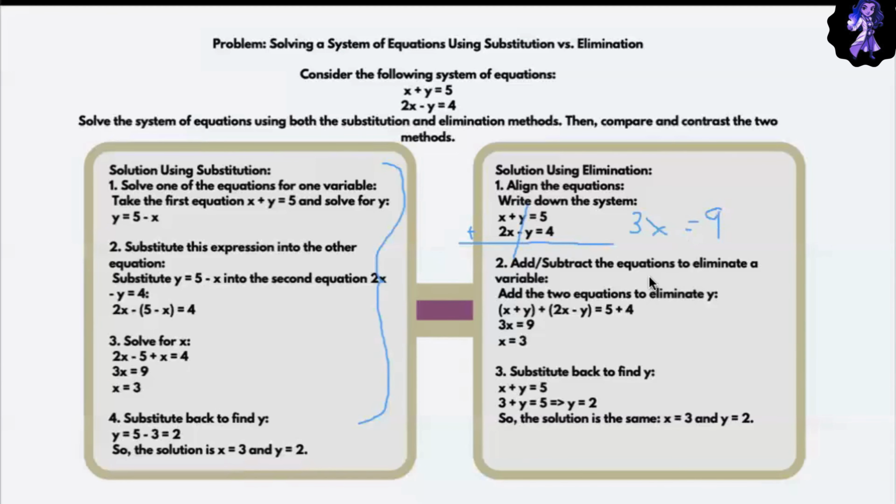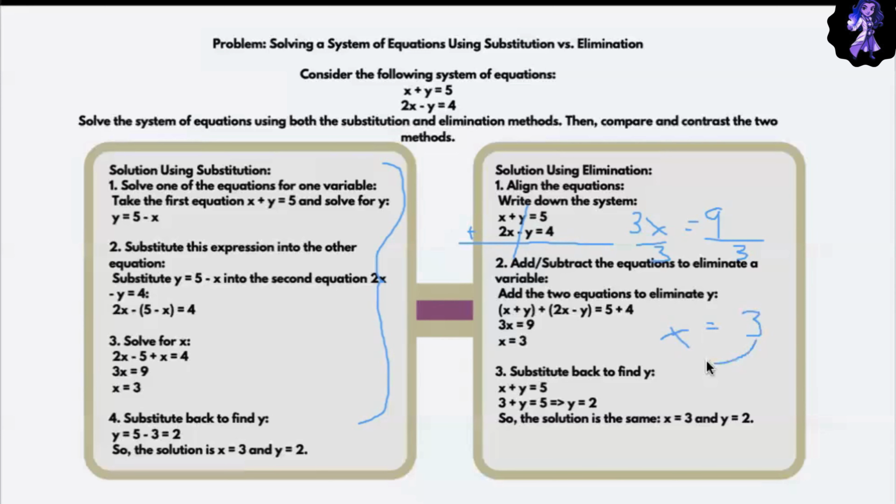So what ended up happening in the step of elimination is we're lining up our equations so that all the x's and the y's line up together. And then we can eliminate the variable based on adding or subtracting. Now we can solve for x by dividing by 3 on both sides to give us x equals 3.